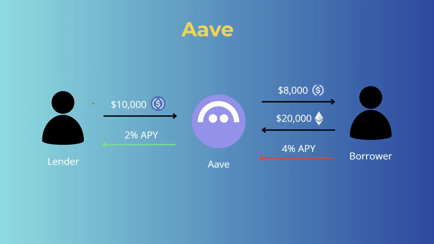So let's say in this case, this lender deposits 10,000 USDC and gains 2% APY, while in this case we have a borrower that borrows $8,000 of USDC, but has to deposit a collateral of $20,000 worth of it, because of course the borrow must be overcollateralized. So you have to put collateral that in value is way higher, as we will see, than the money that you want to borrow.